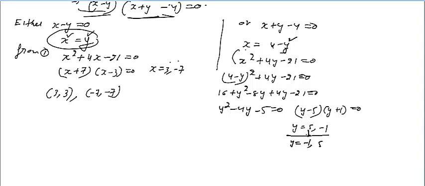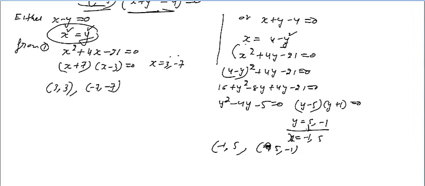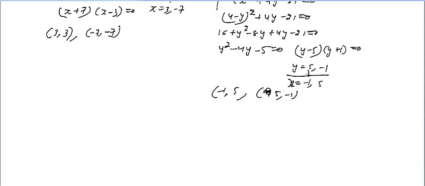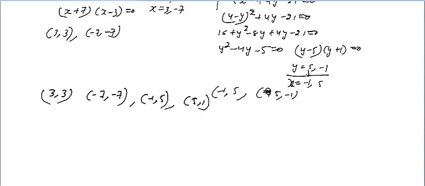So you get 2 more points, (minus 1, 5) and (5, minus 1). So you have 4 points basically: (3, 3), (minus 7, minus 7), (minus 1, 5) and (5, minus 1).